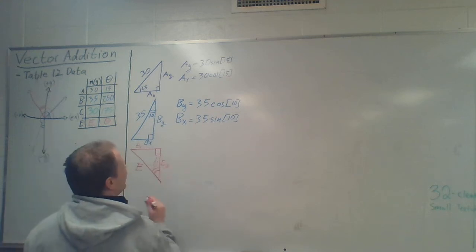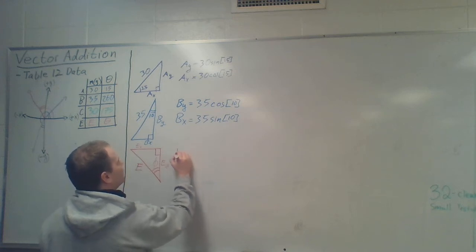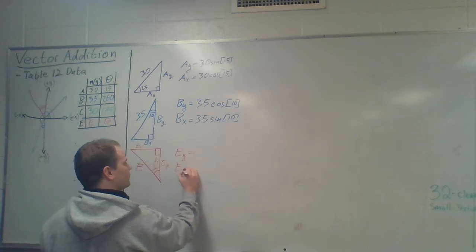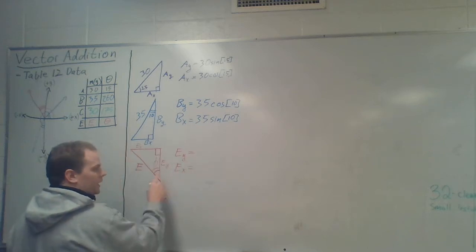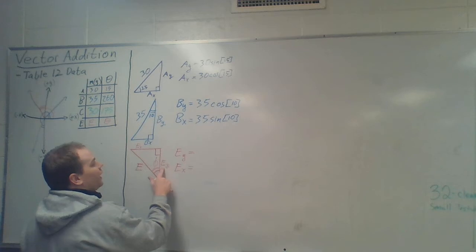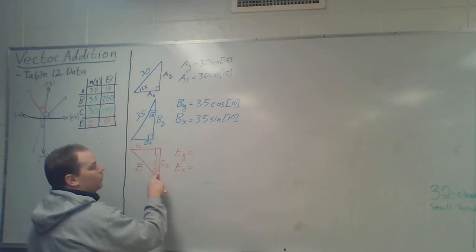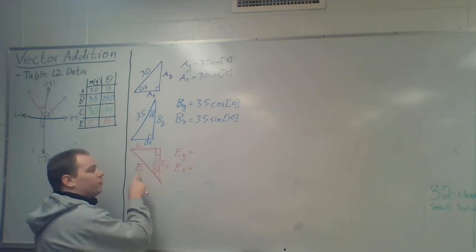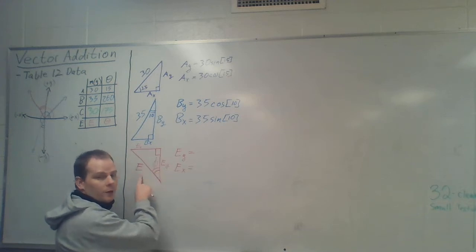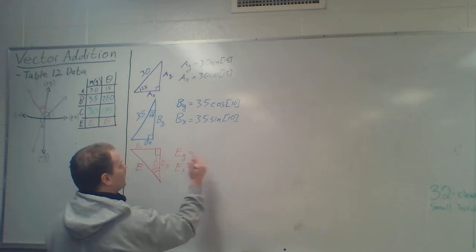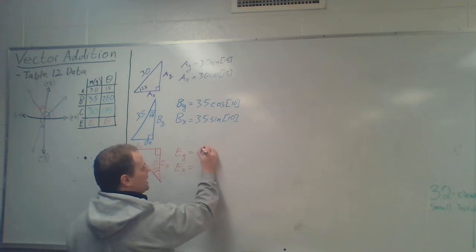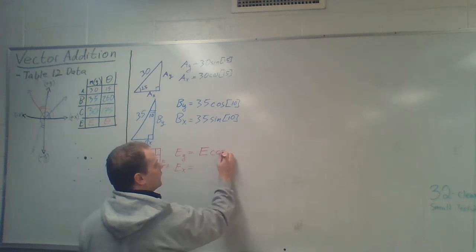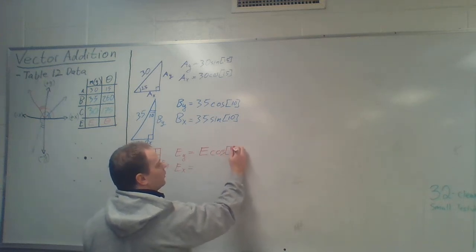Which brings us to EY and EX. Now, EY is adjacent to the known angle phi, and the hypotenuse of this triangle is variable E. So the y component would be E times adjacent makes it cosine of angle phi.